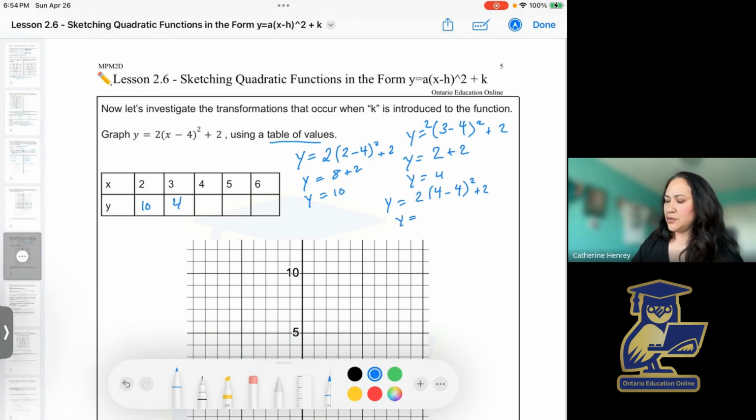That gives me y equals 2. And then y equals 2 times (5 minus 4) squared plus 2. y equals 4. And then the very last one, y equals 2 times (6 minus 4) squared plus 2. And that's going to simplify to 10.